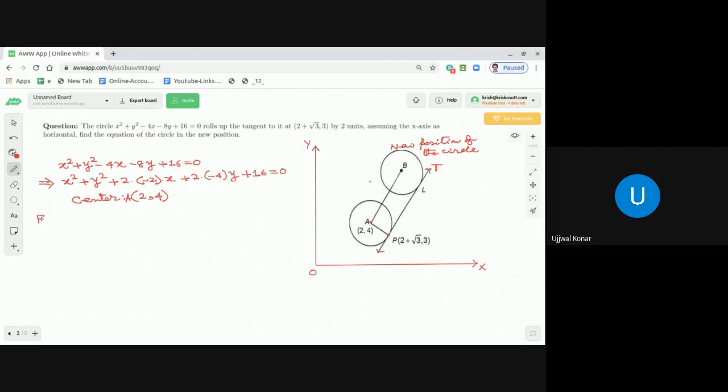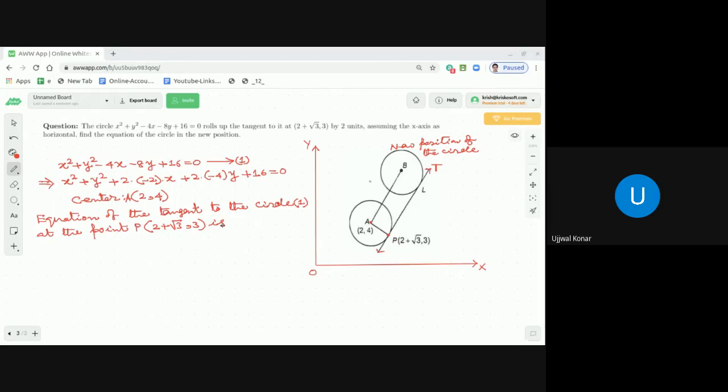So we write here the equation of the tangent to the circle, let me call this equation of the circle 1, at the point P (2 plus root 3, 3).